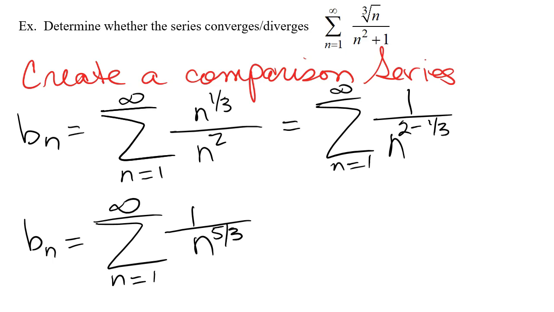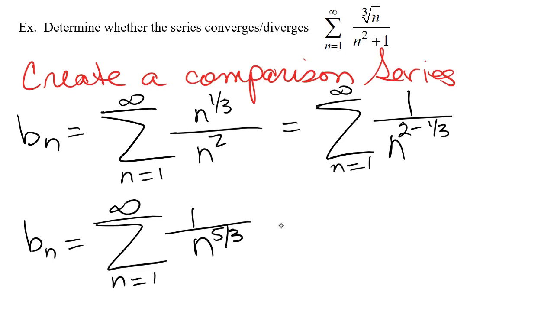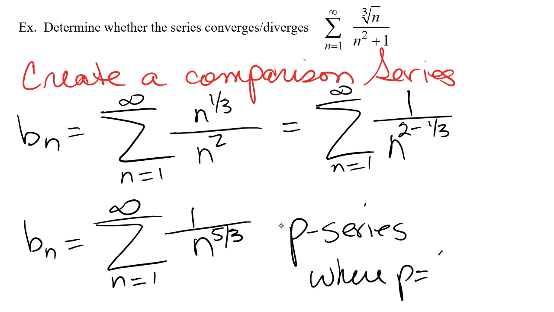So here again, we have a p-series where p equals 5/3, which is greater than 1, converges. So now we know our b sub n converges.